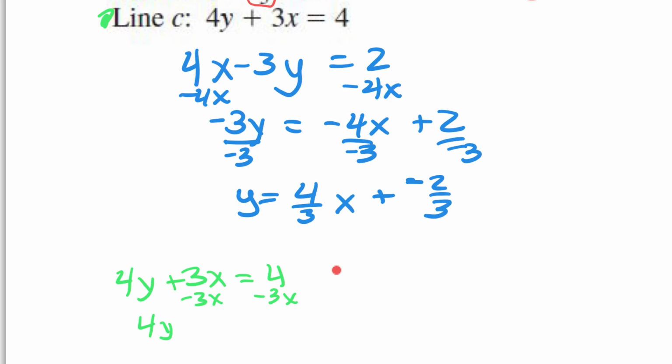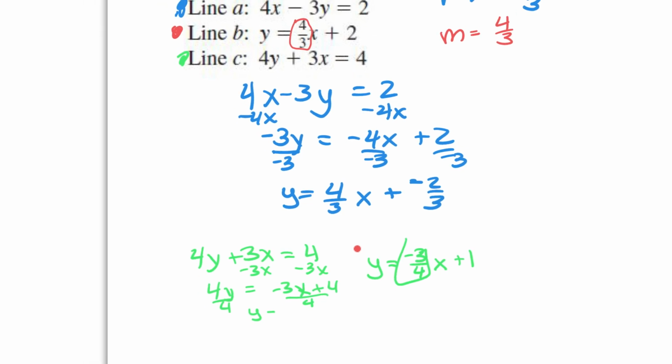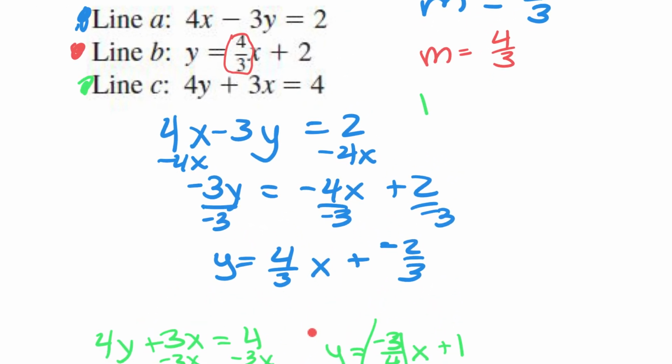Get 4y is equal to negative 3x plus 4. Divide by 4. I get y is equal to negative 3 over 4x plus 1. So the slope of my green line is negative 3 over 4.